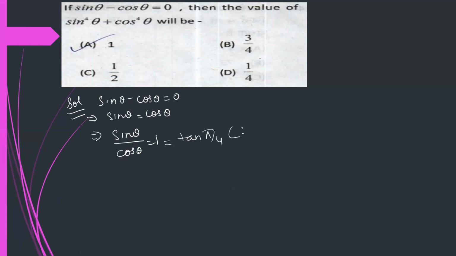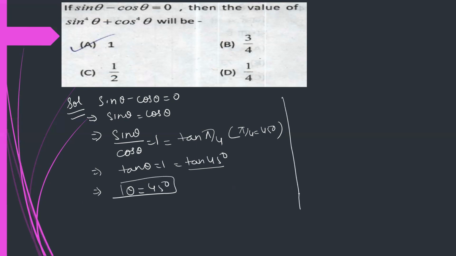That is, we know that pi by 4 is equal to 45 degrees. So tan theta equals 1, which is equal to tan 45 degrees. For your convenience, I've written this. That means theta will be equal to 45 degrees. So what will be the value of sine to the power 4 theta plus cos to the power 4 theta?